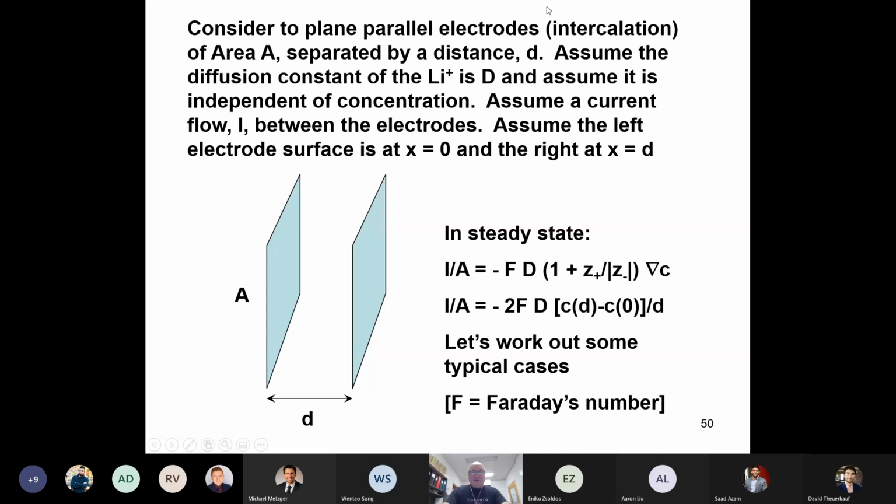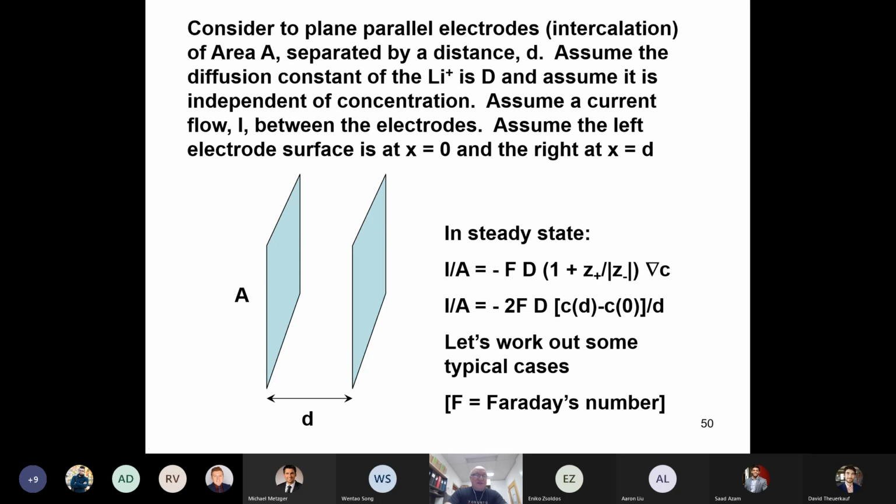What are we talking about here? We're talking about a situation where you have two electrodes. It could be the positive and the negative of a lithium-ion cell, separated by some distance, and in between you have an electrolyte. When you pass a current, in order for the lithium ions to move from one electrode to the other, they have to feel a concentration gradient.